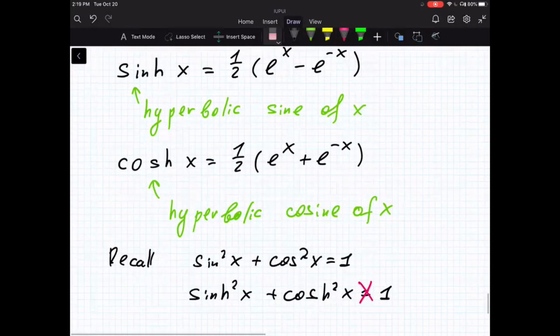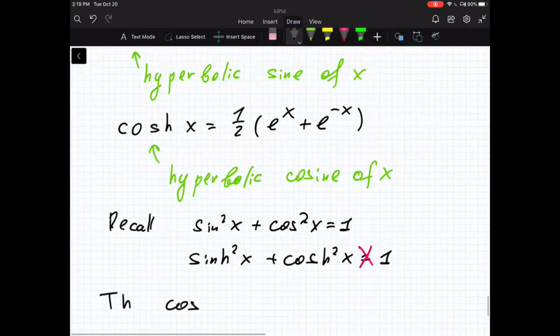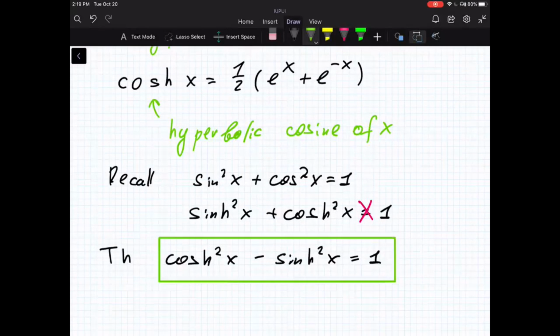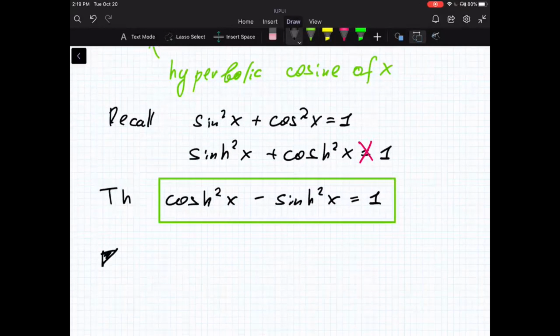But if you consider hyperbolic cosine squared of x minus hyperbolic sine squared of x, it will give you 1. So you see, now you have minus. Still, you have kind of a trigonometric identity, but it's a hyperbolic trigonometric identity where you have minus instead. So let's prove it very quickly.